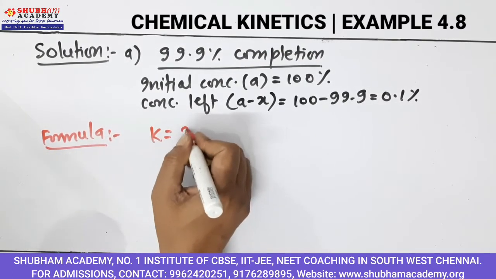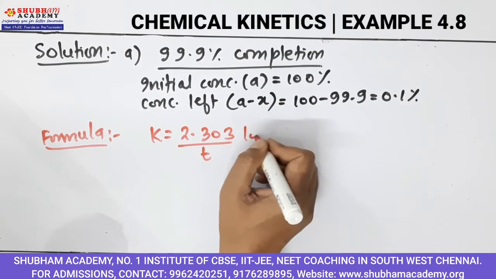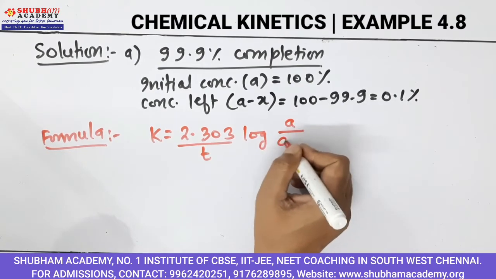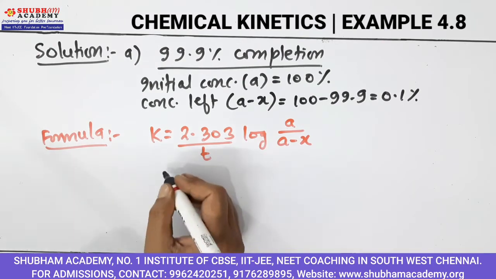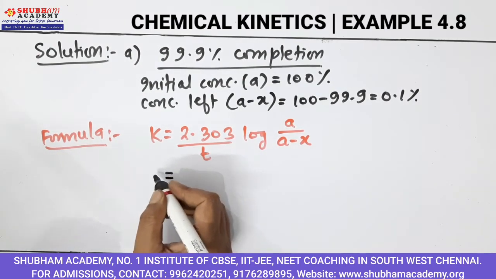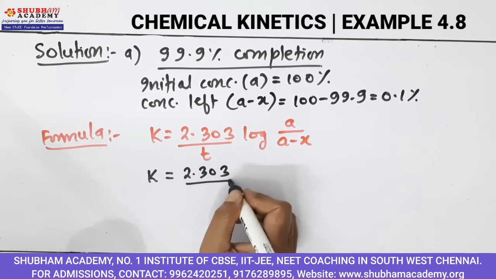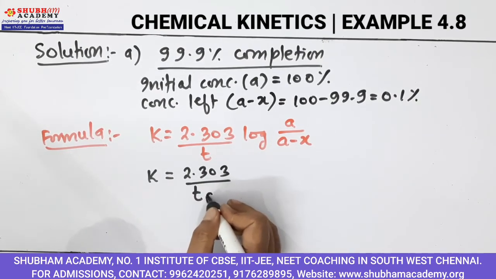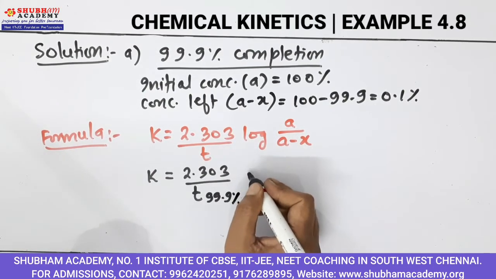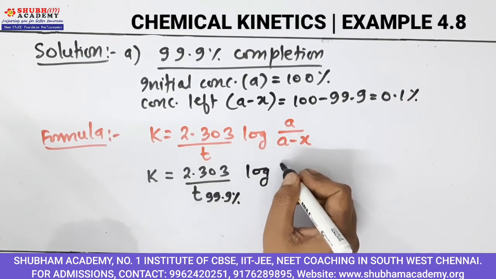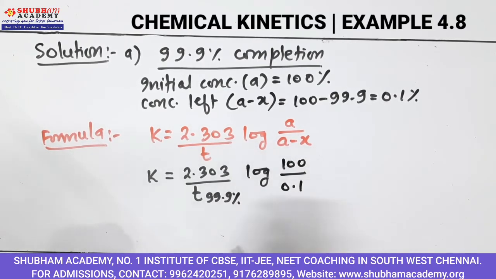Okay. So the formula which we are going to use is K is equal to 2.303 by T log A by A minus X, right? So now we'll substitute the values. So K is equal to 2.303 by T for 99.9%, log A is 100, A minus X is 0.1.